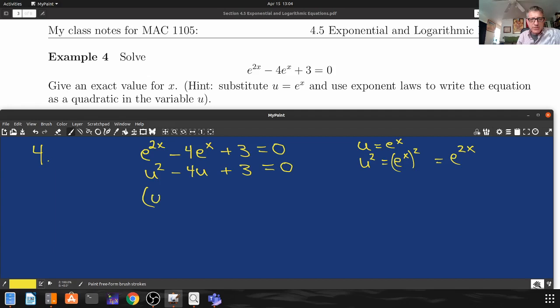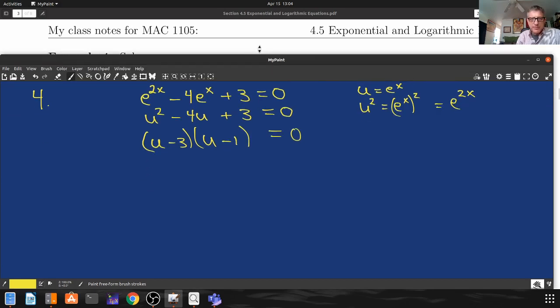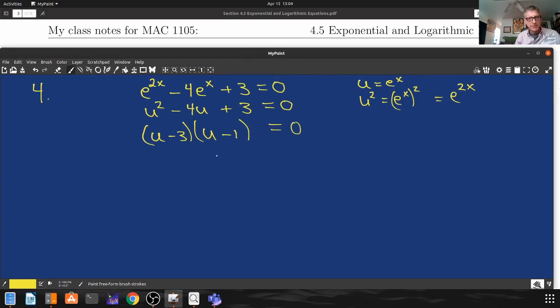It factors into u minus 3 times u minus 1 is equal to 0. So now we just solve this. That implies u minus 3 is equal to 0, or u minus 1 is equal to 0. That implies u is equal to 3, or u is equal to 1.